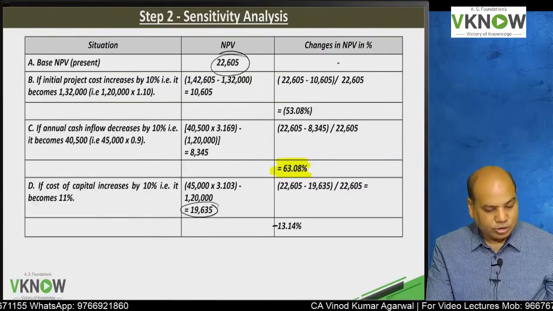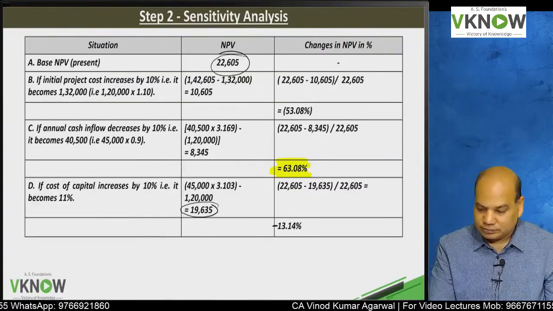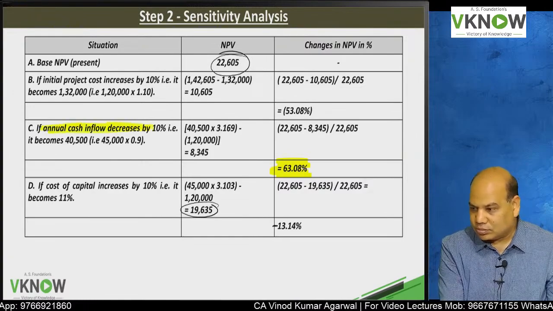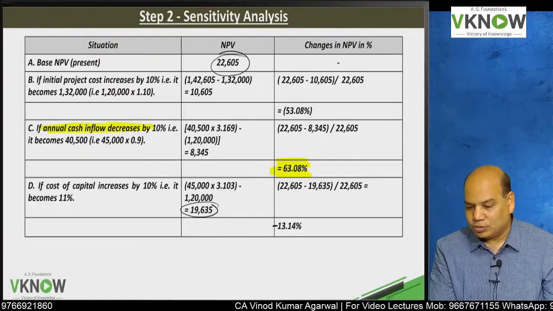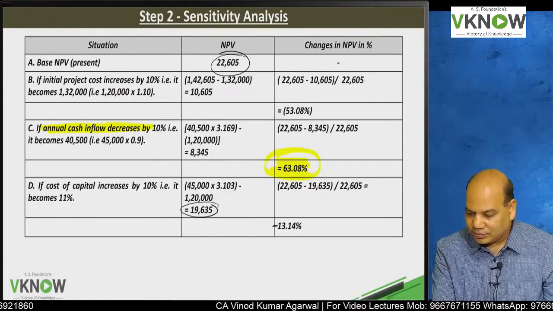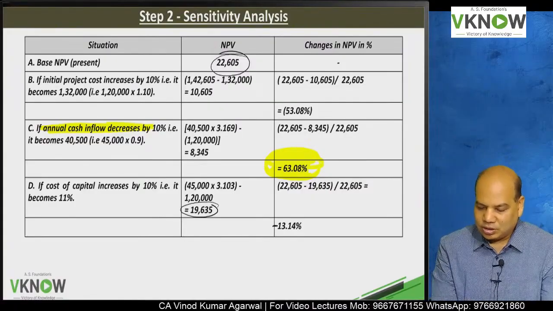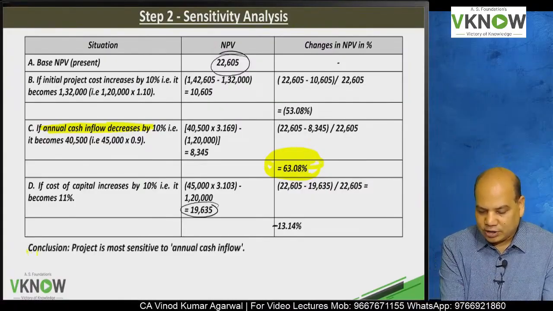The project is most sensitive to which variable? The project is most sensitive to annual cash inflow, because there the impact on NPV is maximum for a 10% adverse change. So you write the conclusion.